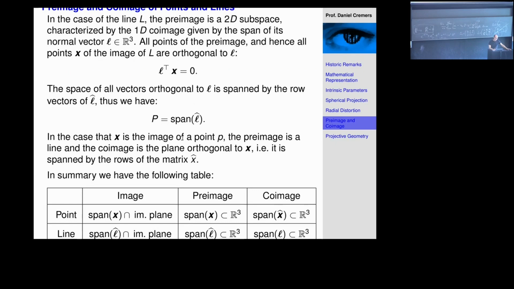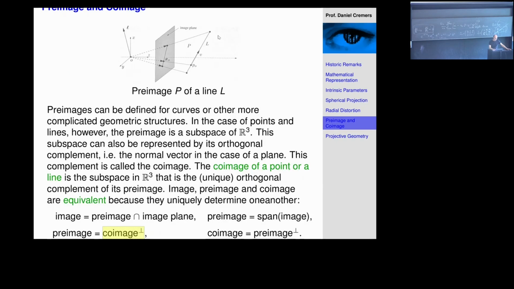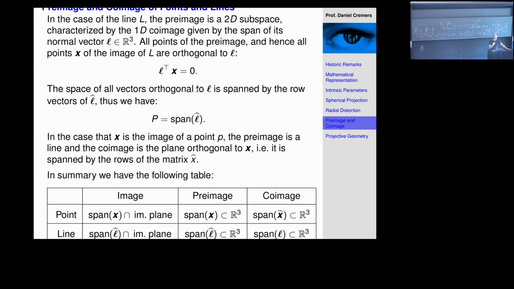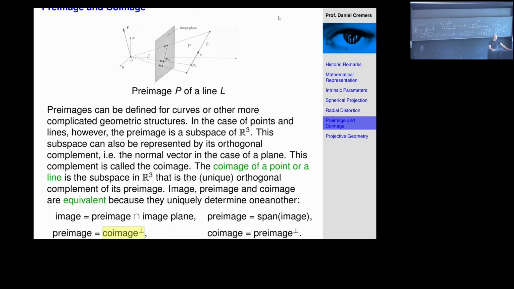And so these span the vectors, they span this pre-image P. That's how you get it, just by taking the span of L hat. And so L hat has the two vectors that are orthogonal to L and that make up this plane P.